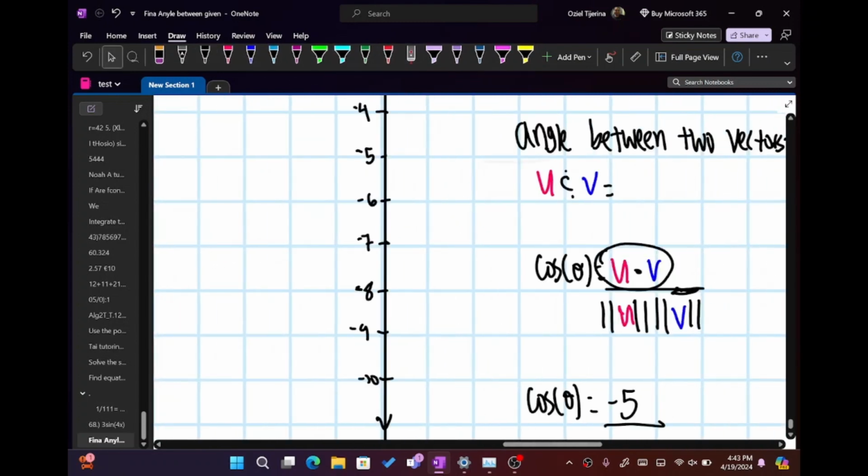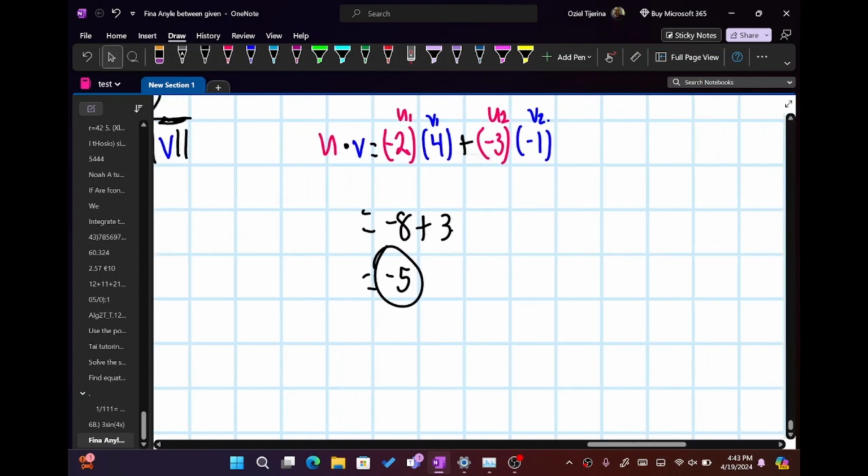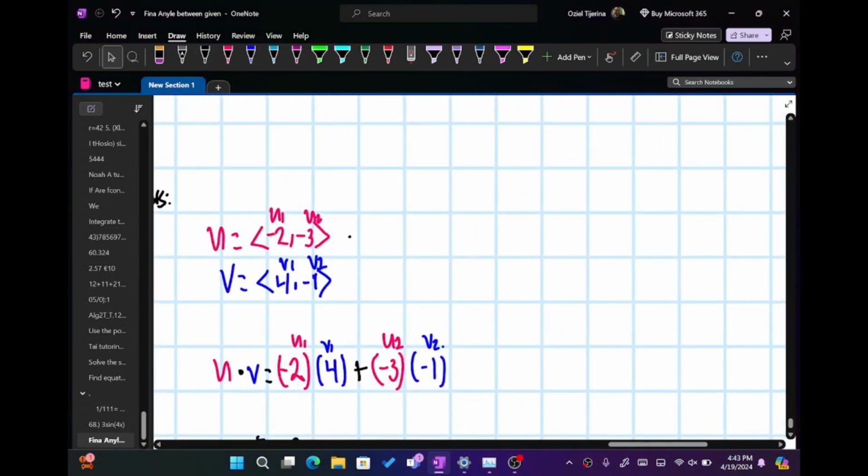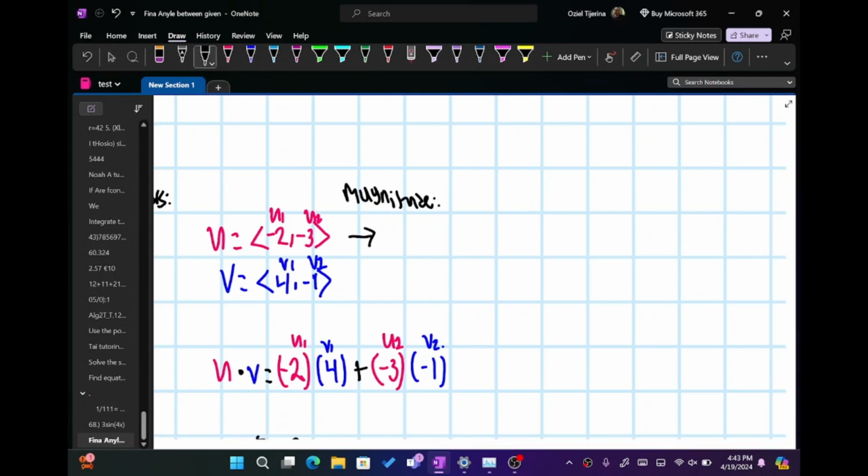So the magnitude of u is equal to the square root of the quantity -2 squared plus -3 quantity squared.